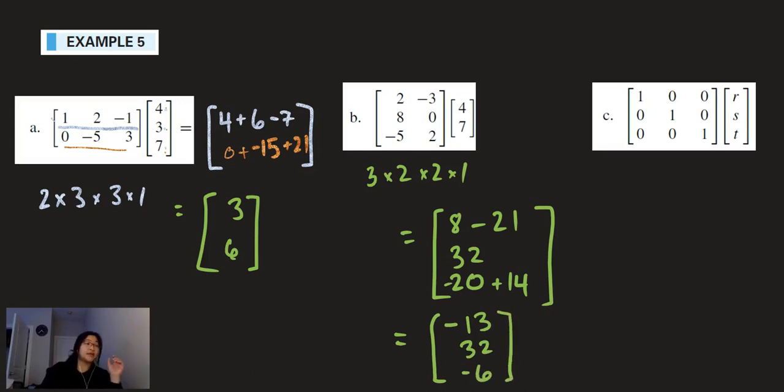And then here, this one is special, because look at our columns and look at our rows. We only have one non-zero entry in each of our rows and columns, and that non-zero entry is 1, which is lovely.